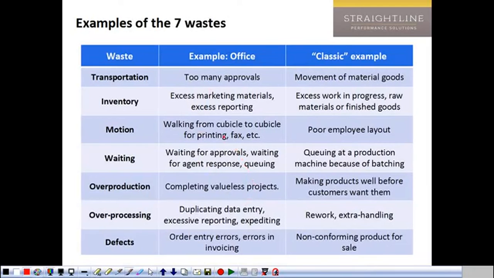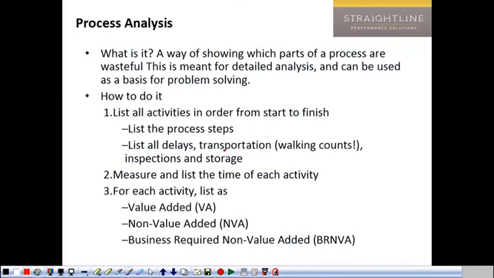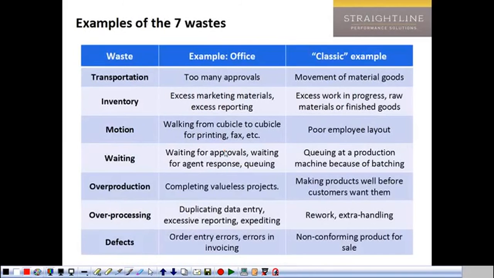Oh, I know that goes on in so many different places where there's multiple Excel spreadsheets. And a classic example for defects is non-conforming product, but it could be order entry errors or errors in invoicing. So all of these things go both ways. They're both in the office and the classical example. I don't think many of us have a problem with that.